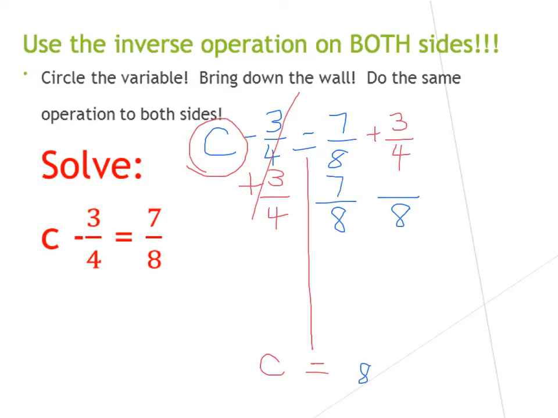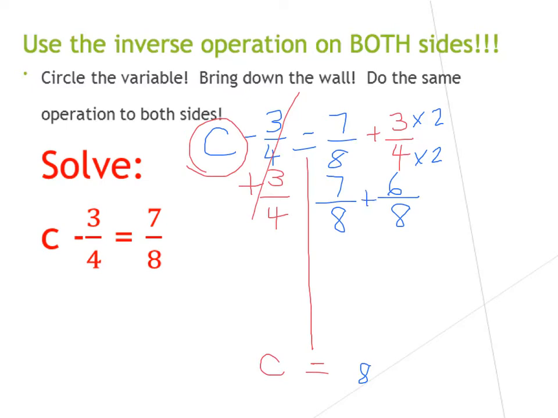I do, however, on this side have to multiply the 4 by 2 to get 8, so I'm going to multiply the 3 by 2, so 3 times 2 is 6. And remember, whatever you do to the bottom down here, you have to do to the top. All right, and then I'm going to bring my plus sign down.